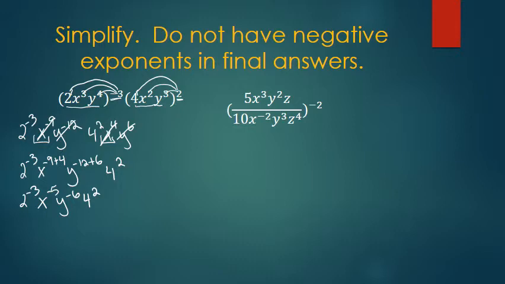Now I'm still not quite done because I need to flip everything that has a negative exponent. So remember again that this is all over 1. So I'm going to draw my line, and I'm going to place everything with a positive exponent. And there's only one thing that has a positive exponent, and that's 4 squared. So 4 squared is 16.